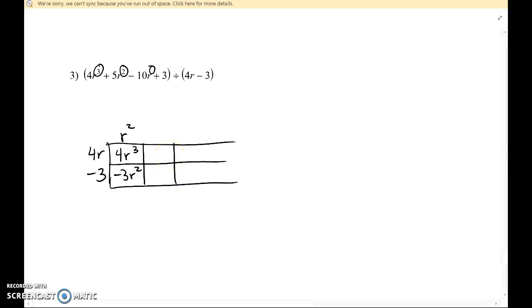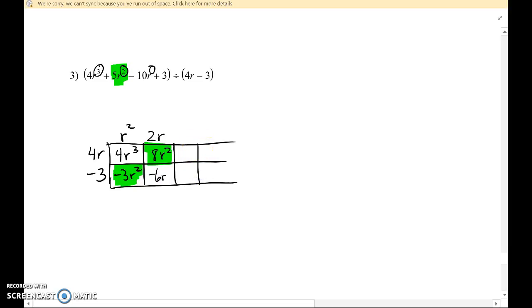And so again, we'll highlight our next term, 5r squared. We start with a -3r squared, and so -3 plus what is 5. Okay, so we're going to get an 8r squared, and 4 times 2 is 8, and we need an r to get our r squared, and then 2r times -3 is -6r.